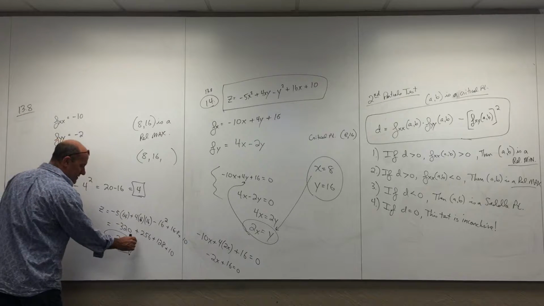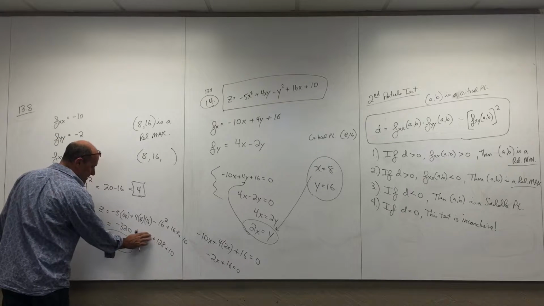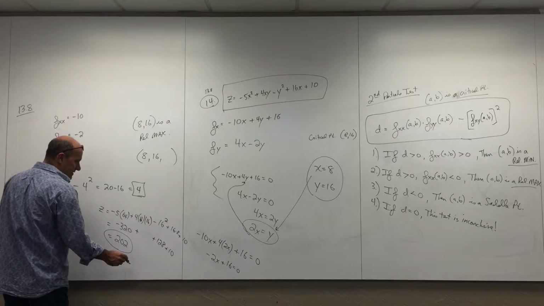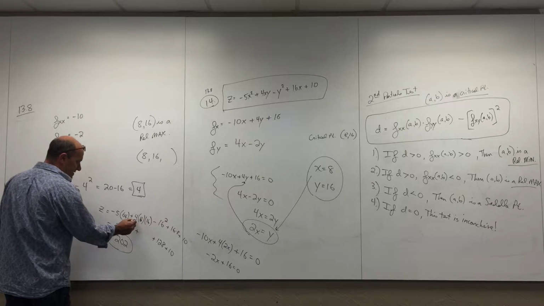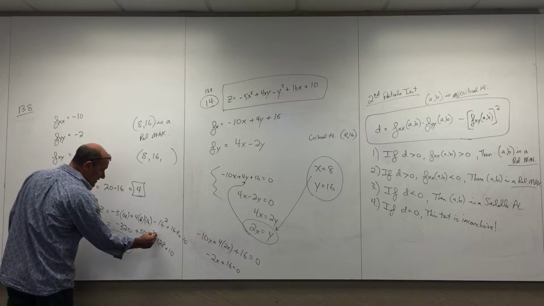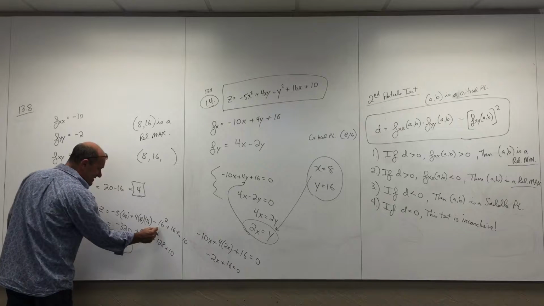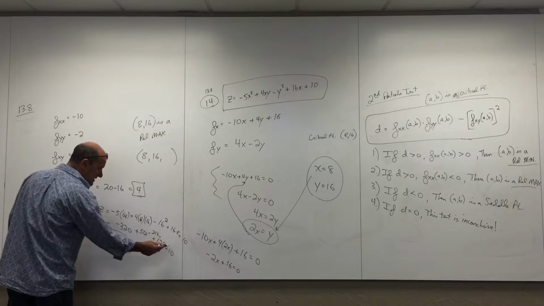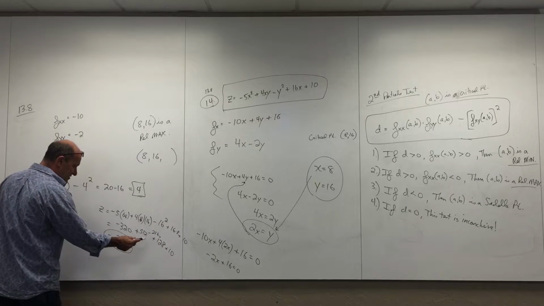Yeah, that's 512. After negative 5 times 64 means 4 times 8 times 16. Right, that's 512. Minus this 256 here. Plus this 128. Maybe I was sort of right.